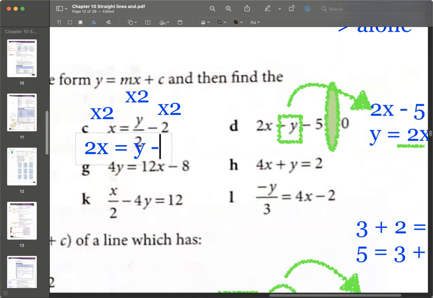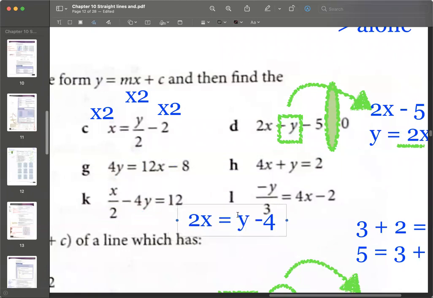minus 4. One thing to take note is that this minus, try to put it as close as possible so that you will remember these two belong together because they stick together. If you write it apart, sometimes you'll forget. Now we want to make y the subject, so we need it to be alone and positive. These two things are very important.